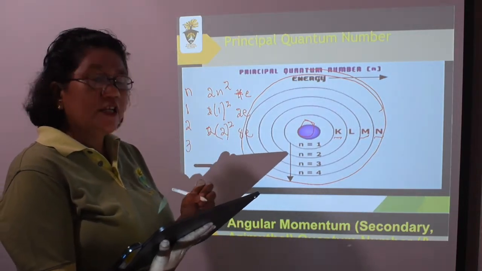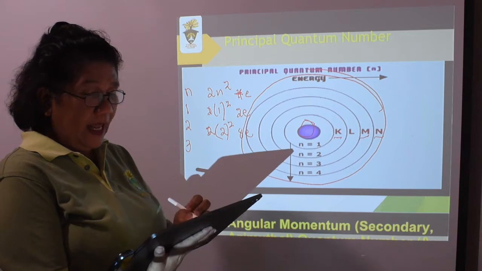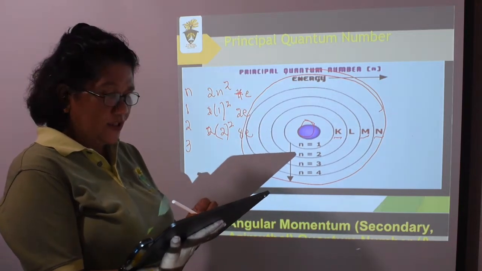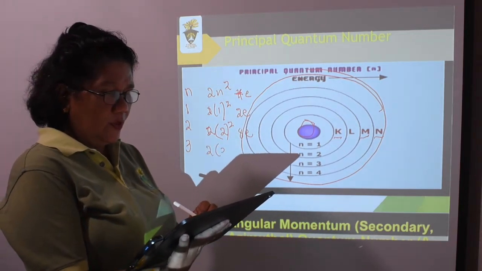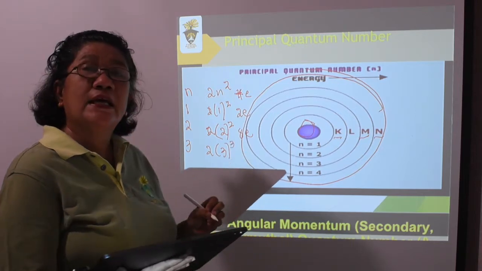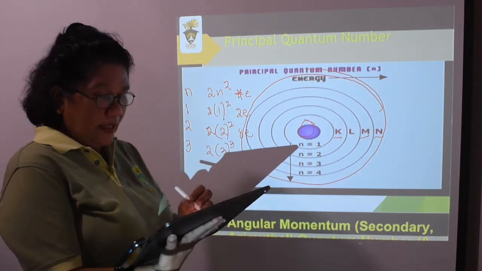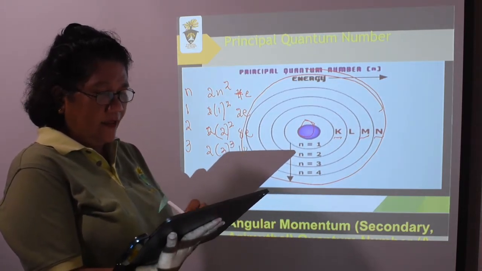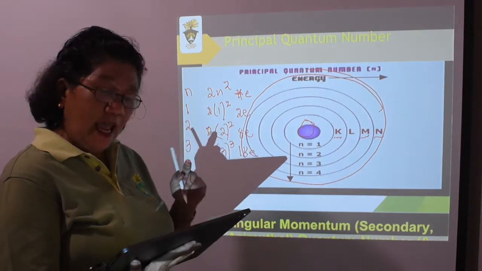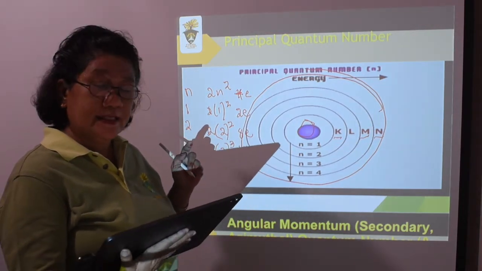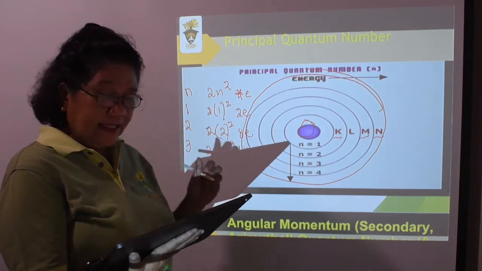When n is equal to 3, from the formula, that is 2 times 3 squared, 2 times 9, which is 18. Therefore, in the third energy level, there are 18 electrons.